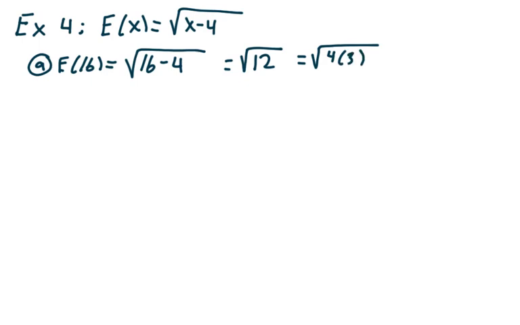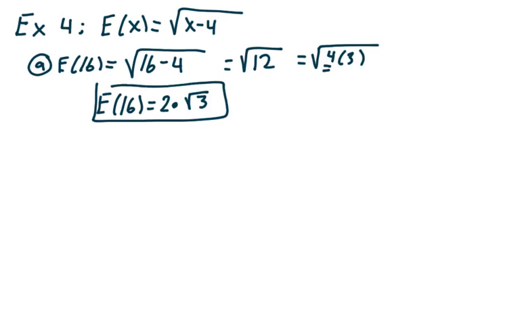So in other words, under the radical, I'm going to take the square root of 12, and I'm going to write it as the square root of 4 times 3. But isn't the square root of 4 2? And so e of 16 is 2 multiplied by the square root of 3. That's A. Let's do B. E of 4.